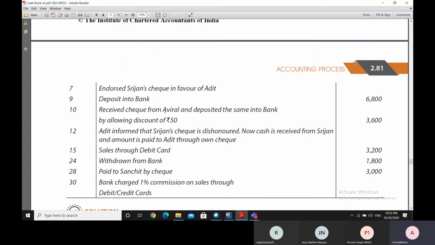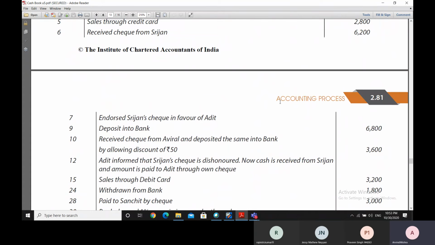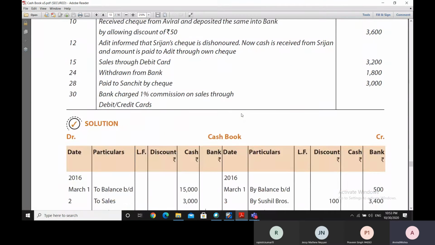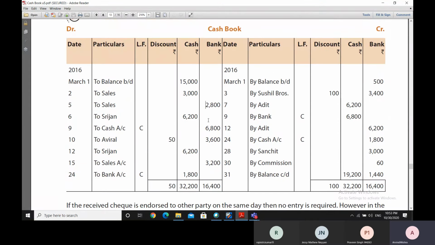Now then, 6,800 rupees are deposited into the bank. Obviously, we are seeing this 6,800 rupees cash deposit being made here in the bank, because 6,800 rupees is written as a payment here, and here also a contra entry is being made.